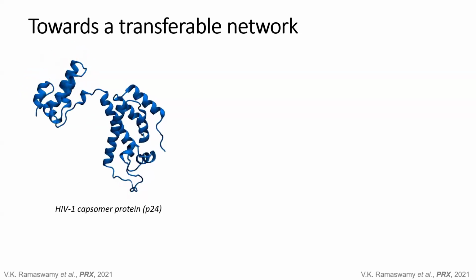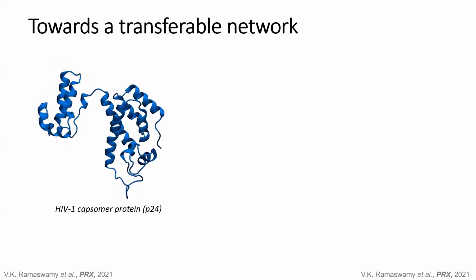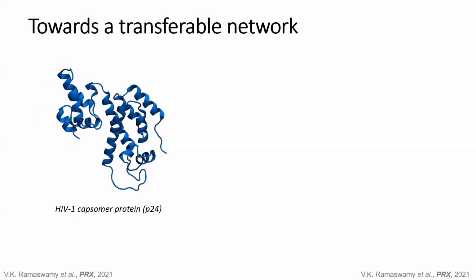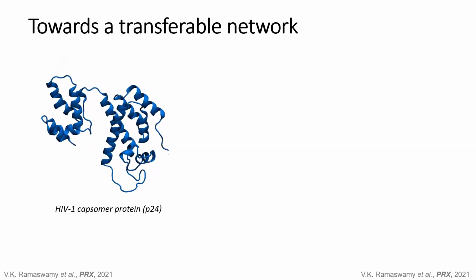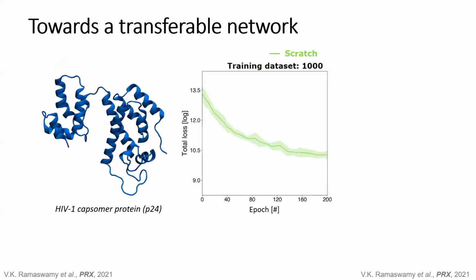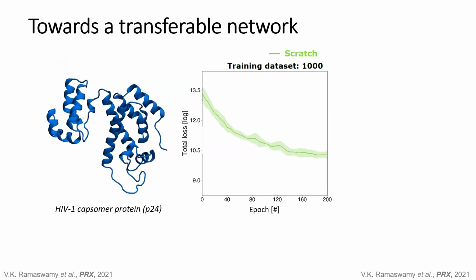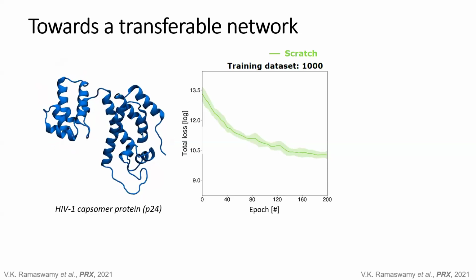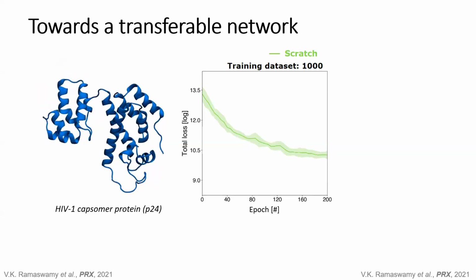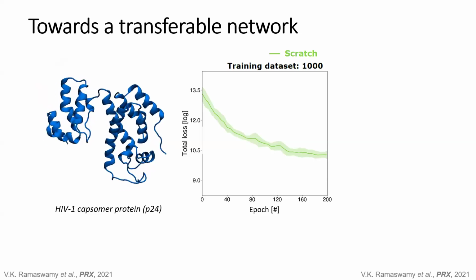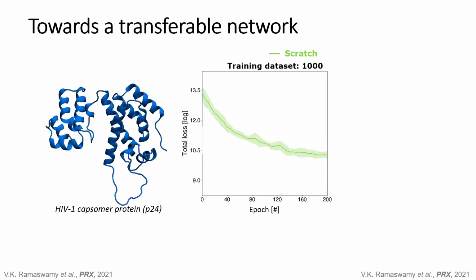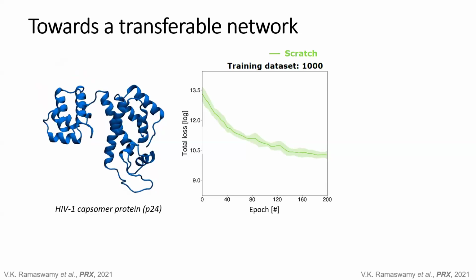So we took our HIV-1 capsid, and you've seen this simulation a couple of times already. First, we tried to train our neural network from scratch. From scratch means that all the parameters of the neural network are initially randomized, and then, by showing one example after the other, we look for the weights that optimize our loss function.